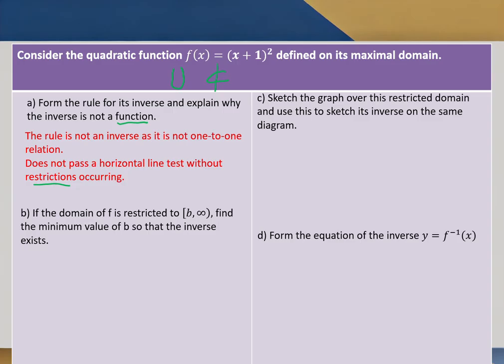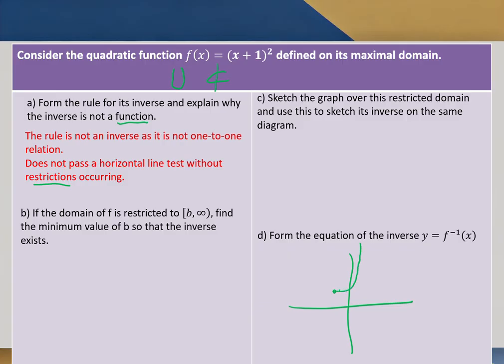If the domain of f is restricted to b to infinity, find the minimum value of b so that the inverse exists. So again, I'll rub this out. I'll do it on the right-hand side. If I draw a graph, if I want to know where my quadratic is, we always need to start at the turning point.